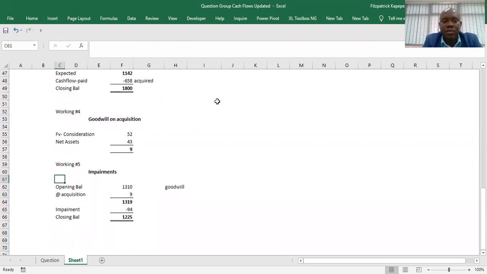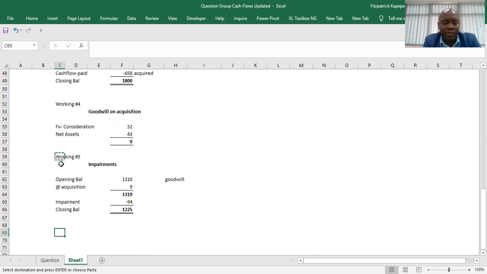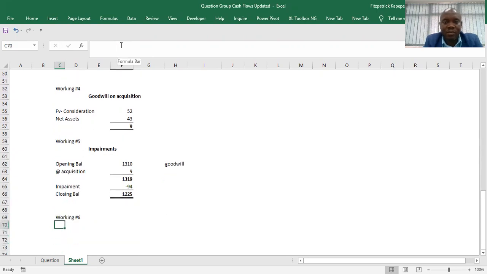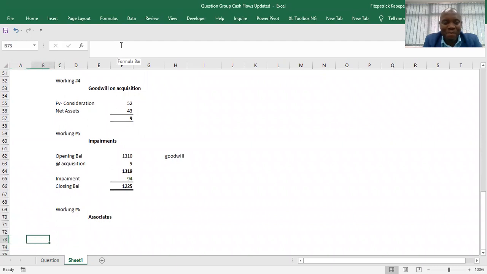So we go to working 6. So on working 6, guys, we'll do the associates. So on the associates, as usual, we have to start with the opening balance.